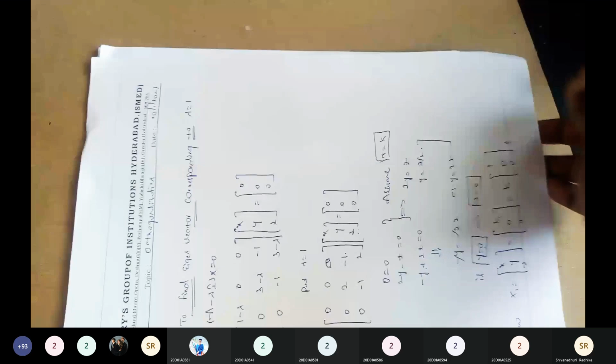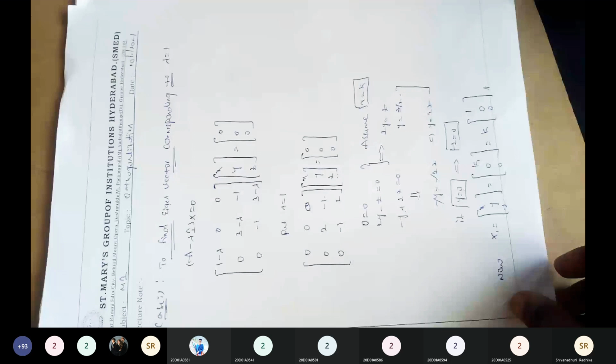Take a pic. Next, third page. This is the third page.